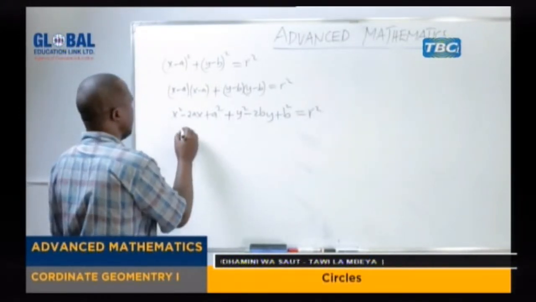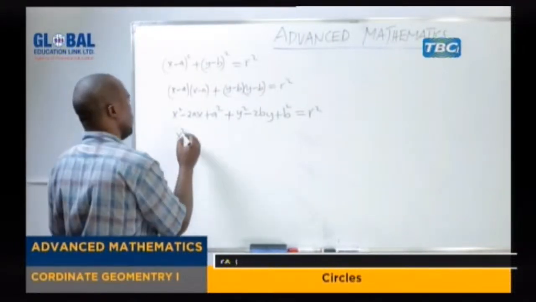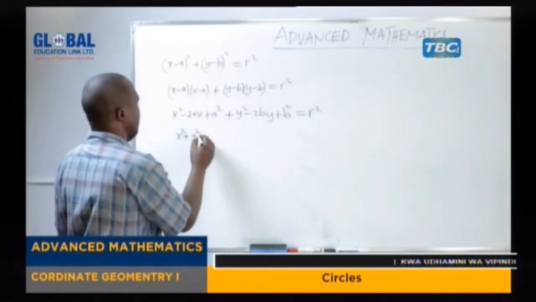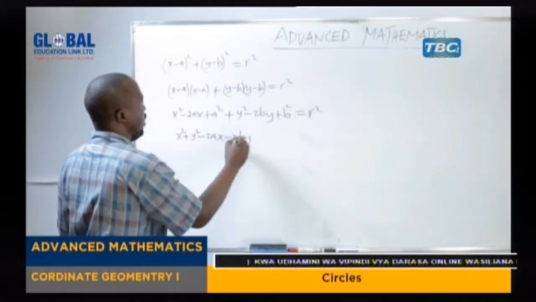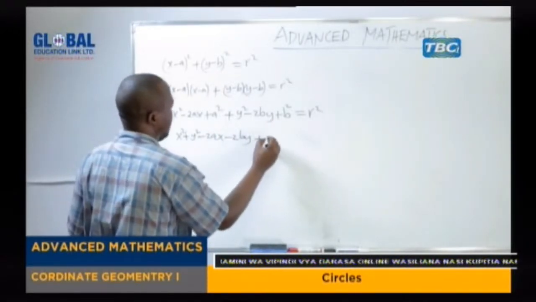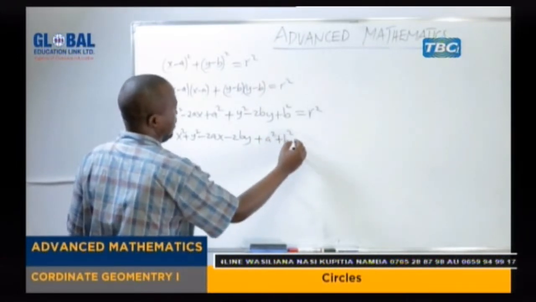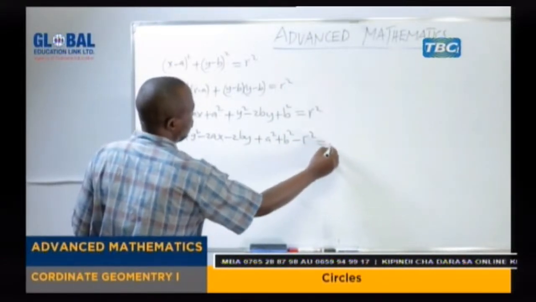So we have x squared, then followed by plus y squared, then minus 2ax minus 2by, then plus a squared plus b squared minus r squared is equal to 0.